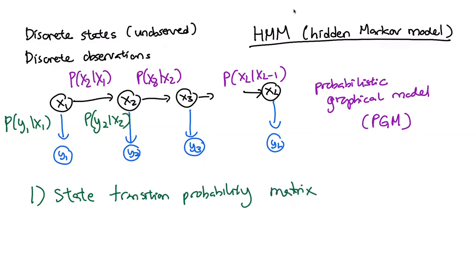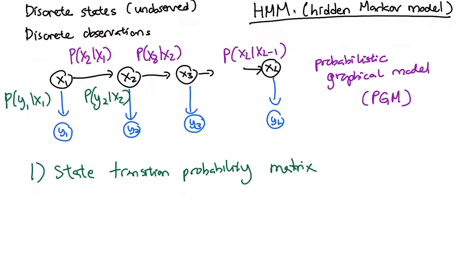So one assumption we usually make is that the state transition probability from x2 given x1 and x3 given x2, these are all the same. These are all the same probability distribution in that they don't depend on what the time index is, right? So you can see that simplifies the problem, because then I know that every time I see this arrow, it's the same probability distribution.